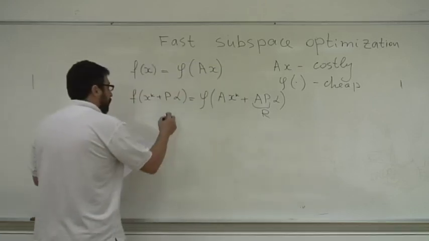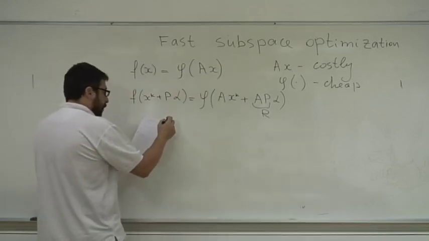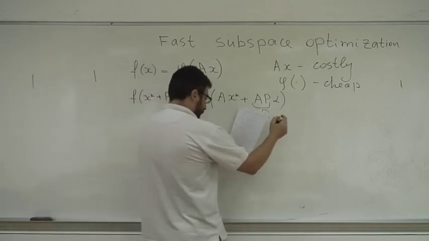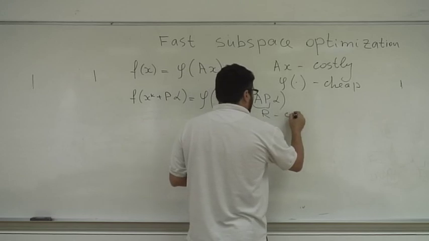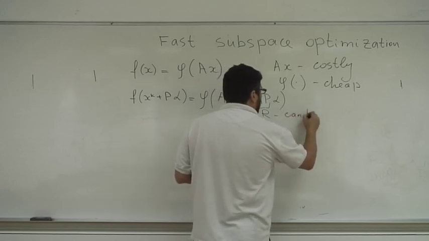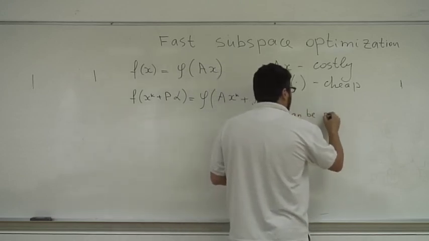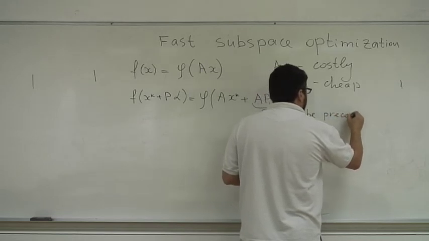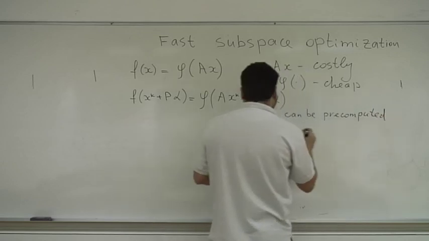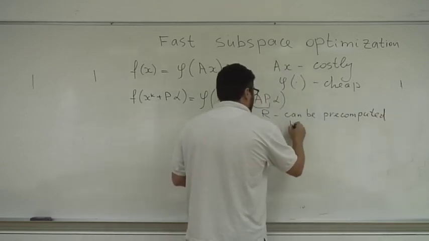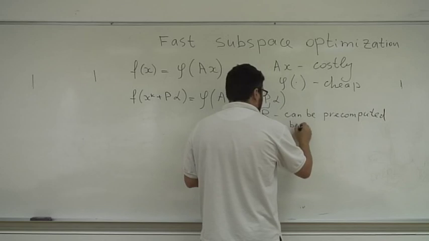So I will just summarize. R can be pre-computed for subspace optimization.